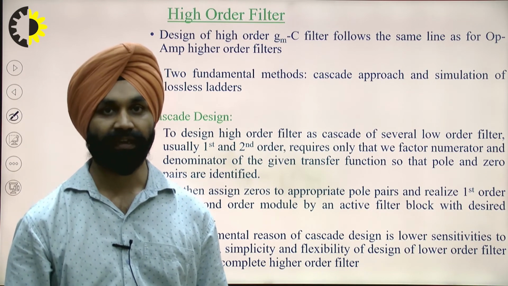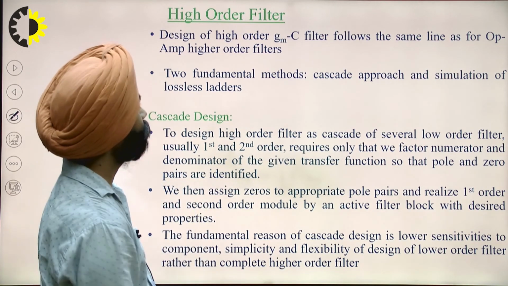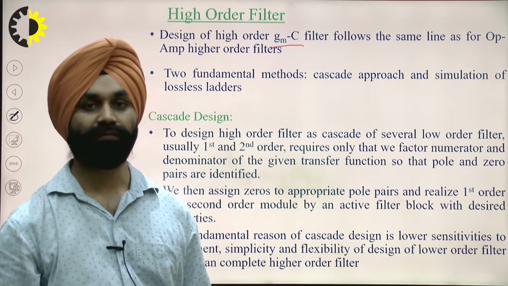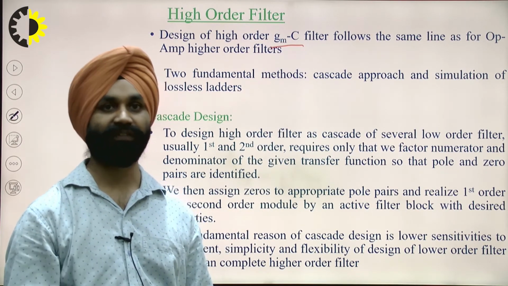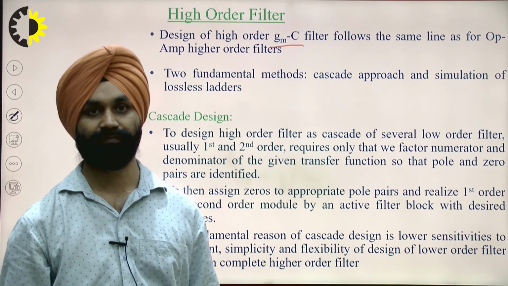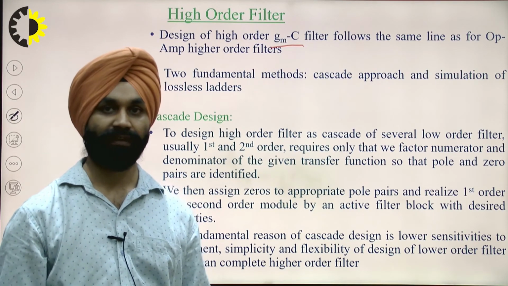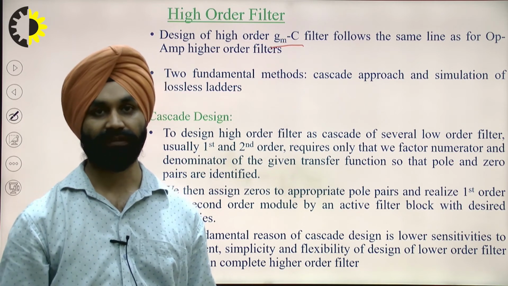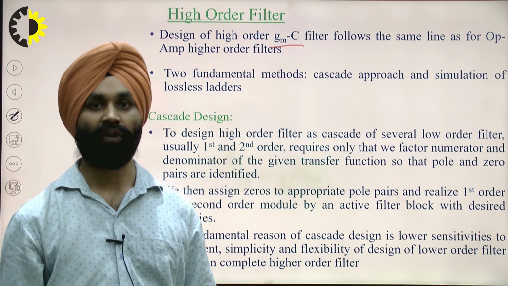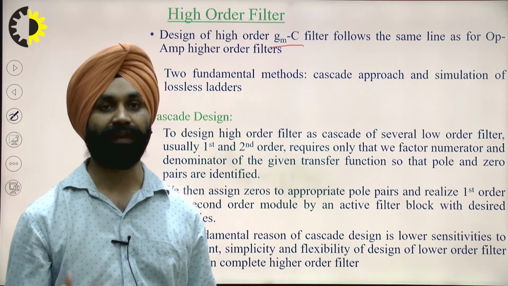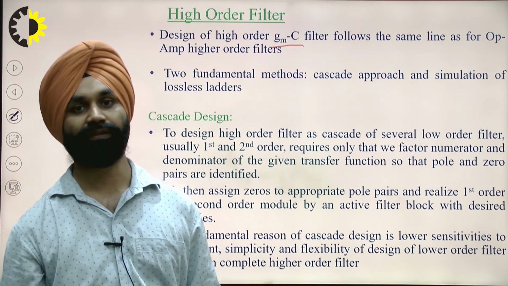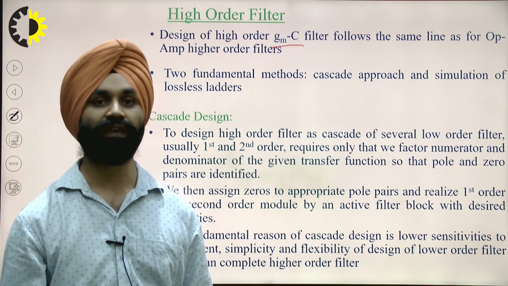Now, to design higher order GMC filters, we can have the same design as we have created the op-amp higher order filters. We can cascade the first and the second order filters to create the higher order filter, or we can have a ladder circuit which can be simulated using transconductances.